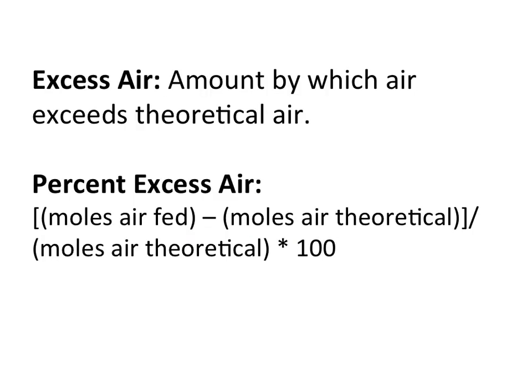One more concept here, the final concept in dealing with combustion, and this is similar to what we've dealt with before. Excess: we have a limiting reactant, we have an excess reactant, and excess air is just the amount of air which exceeds the theoretical amount of air. Just like we can calculate the fractional excess or the percent excess of the reactant that's in excess, we can do the same thing for air.